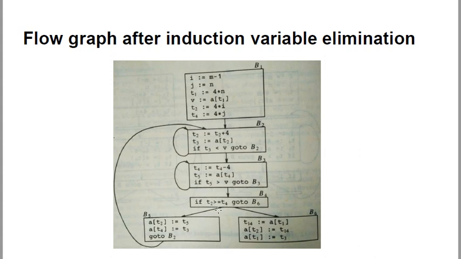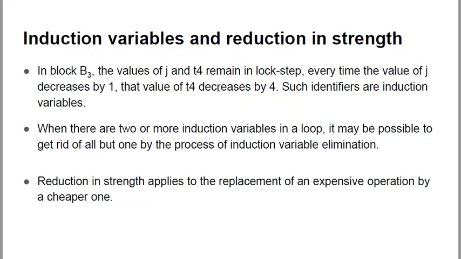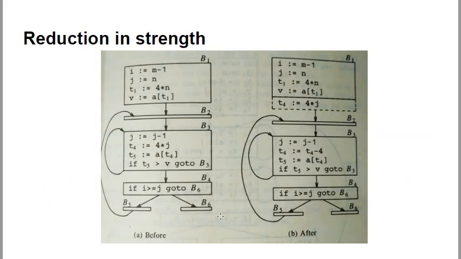T2 and T4 are used later also, but I and j are not. So instead of this check with I and j, we introduce this check with T2 and T4, and once this replacement is made, I and j in blocks B2 and B3 can be dealt with.